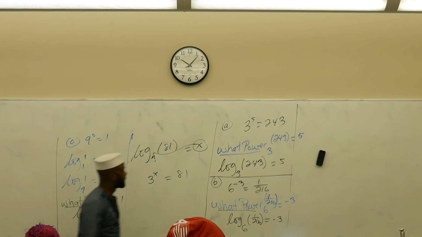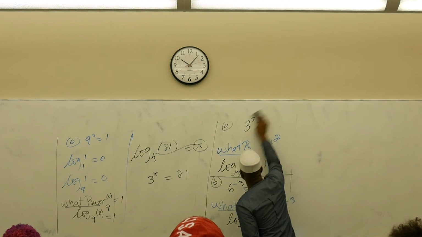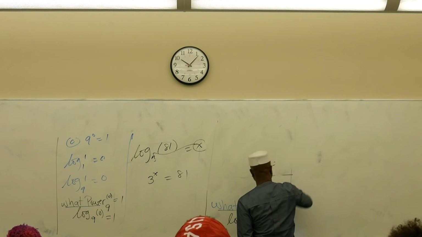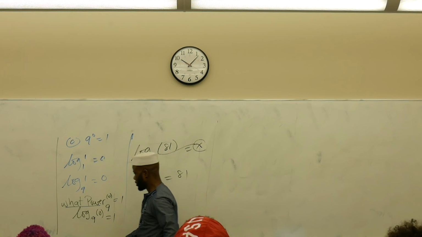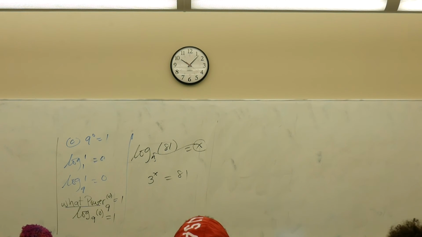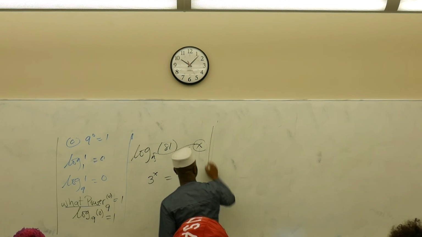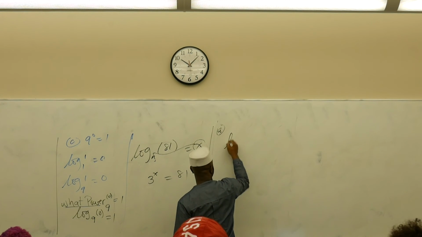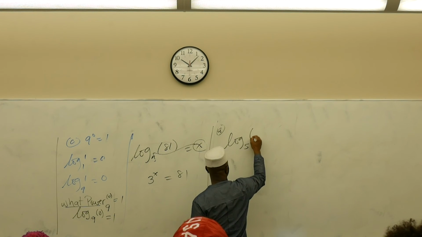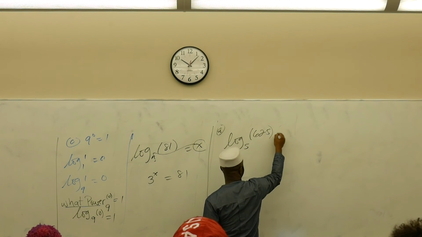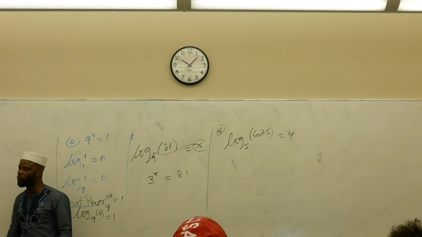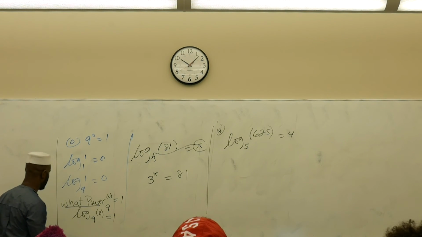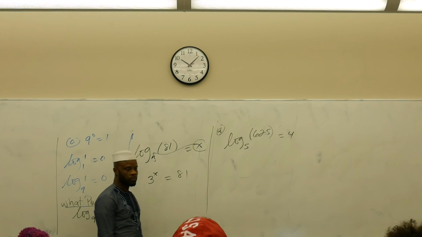So let's do number 3. First problem, 3a: log base 5 of 625 is 4. They don't want us to solve this, they just want us to rewrite it in exponential form.